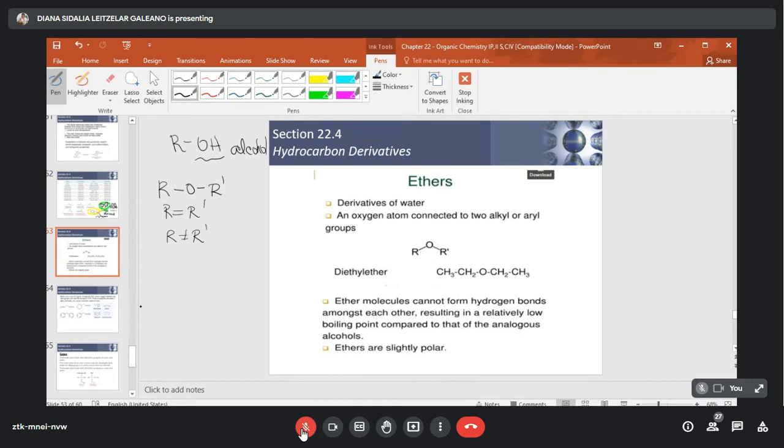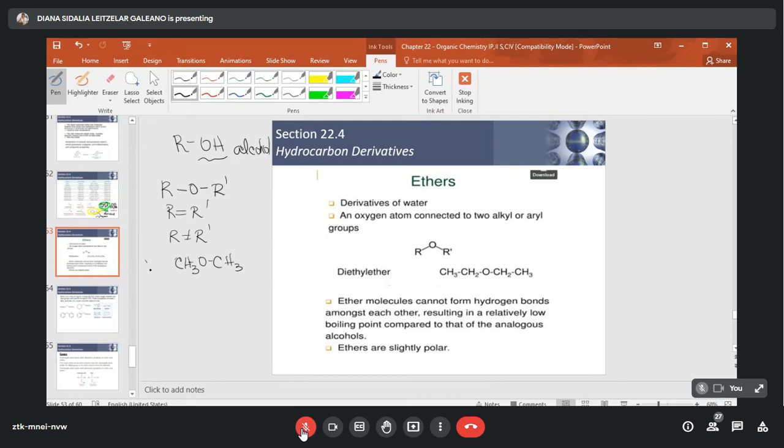When I mean equal or the same is if I have one of the groups, usually the longest one, will contain the O. Methane, it's the one carbon compound we have here, but it has the oxygen.